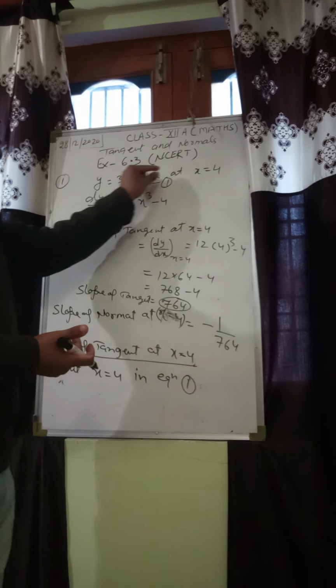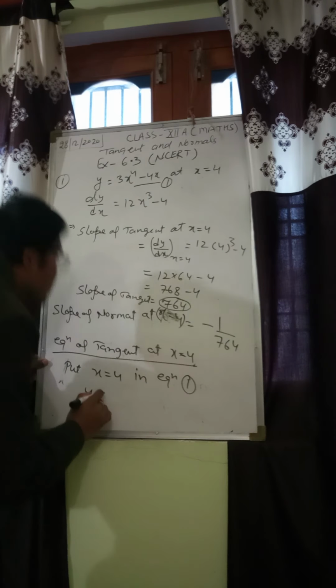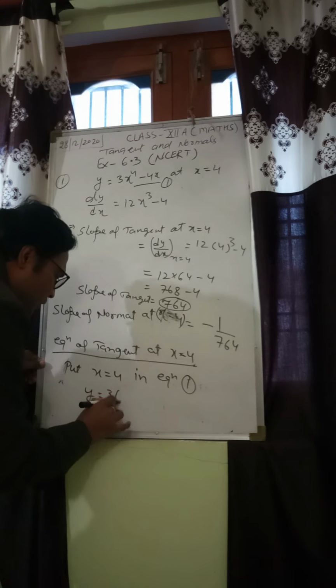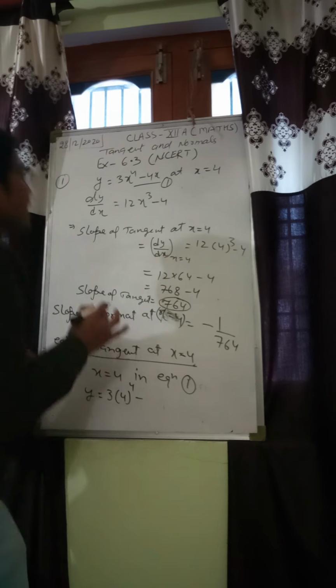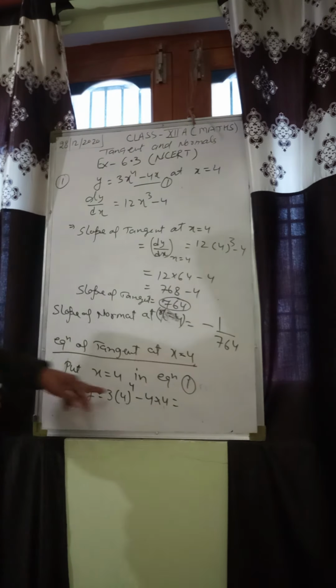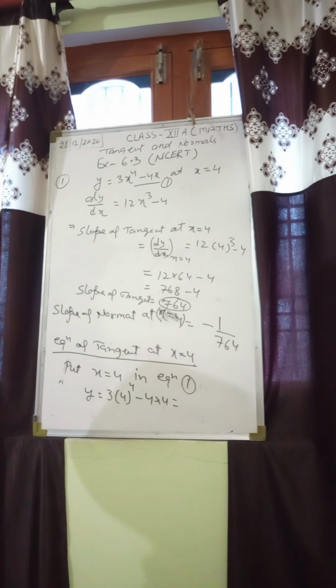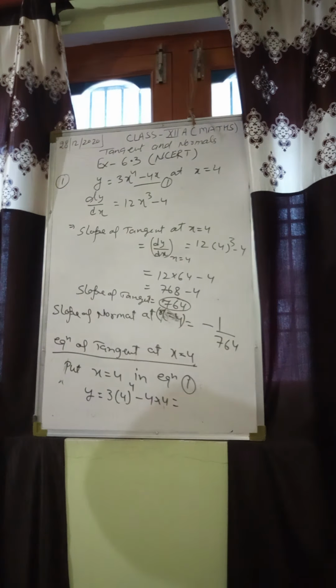Clearly, put the value x is equal to 4 here. So we have y is equal to 3 times 4 to the power 4 minus 4 into 4. 4 to the power 4 is 4 into 4 into 4 into 4, that is 256.